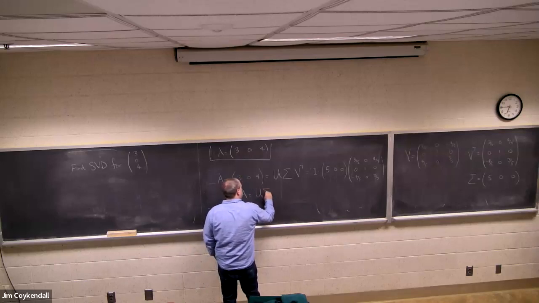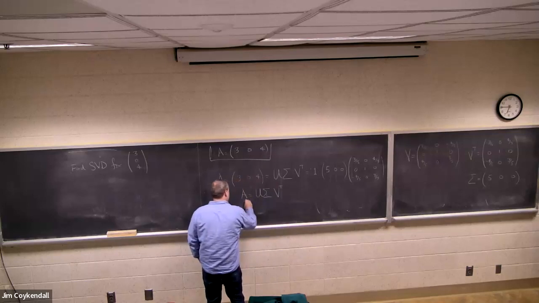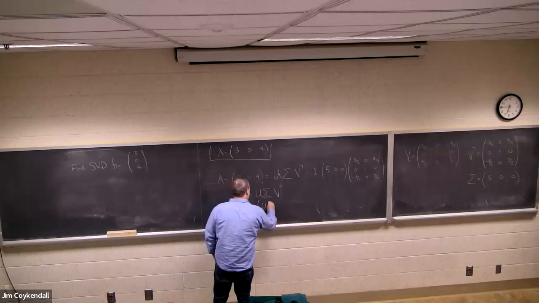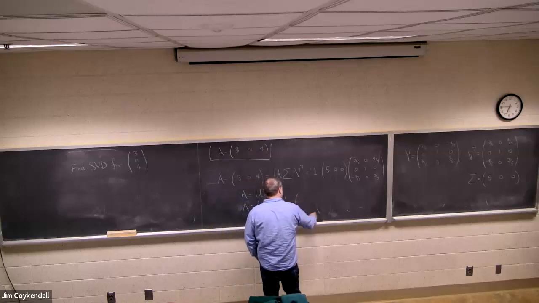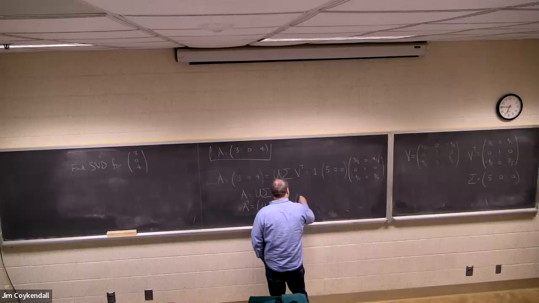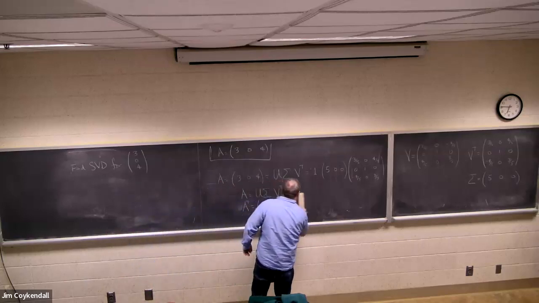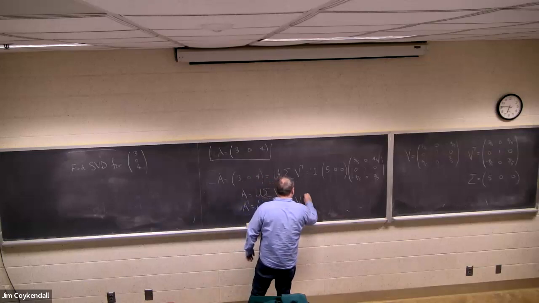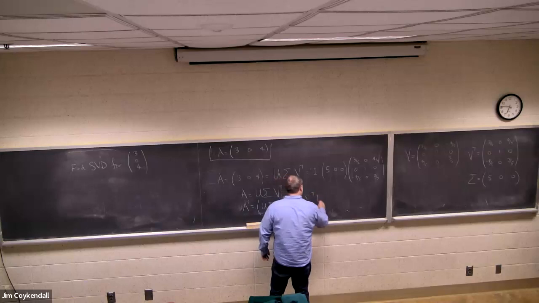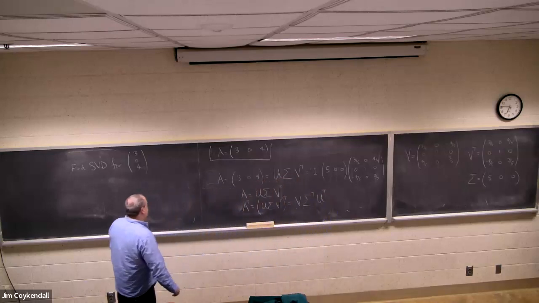So remember, if you take the transpose of a product, you take the product of the transposes in the opposite order: V sigma transpose U transpose. And these are easy matrices to transpose.